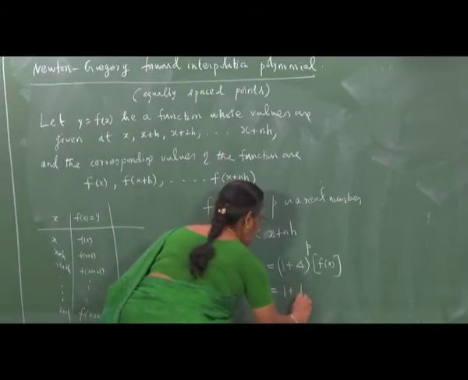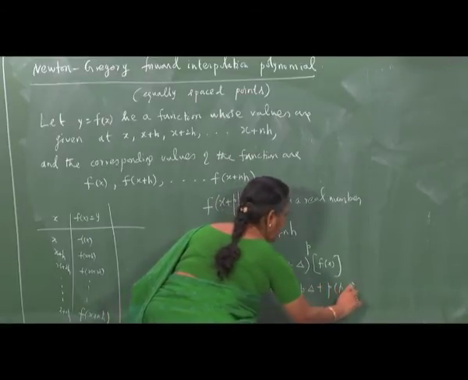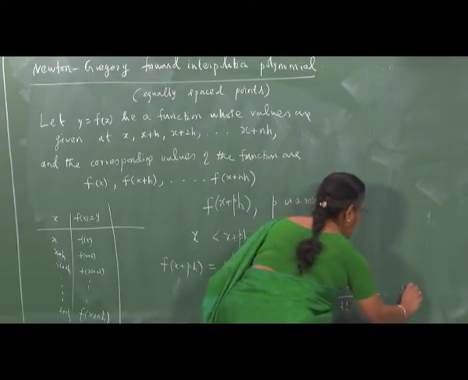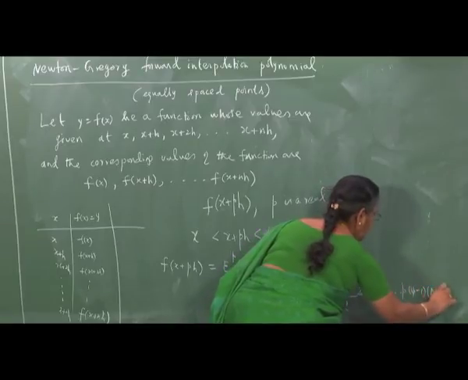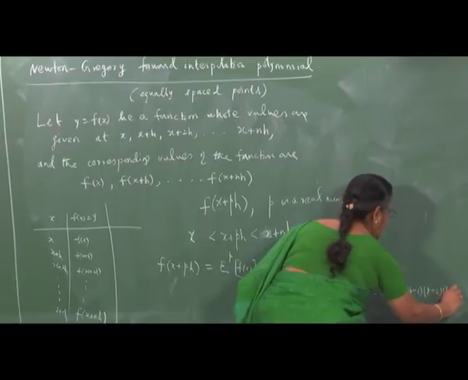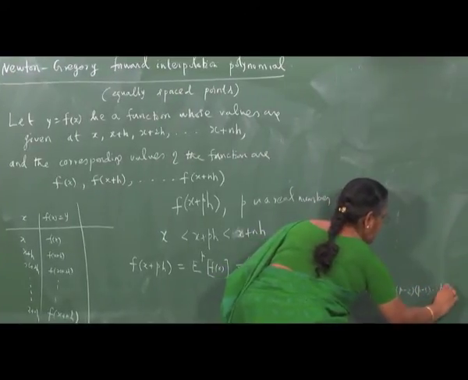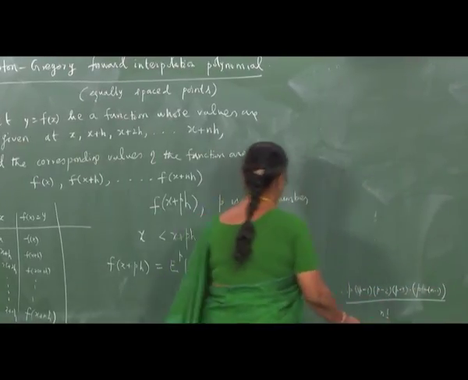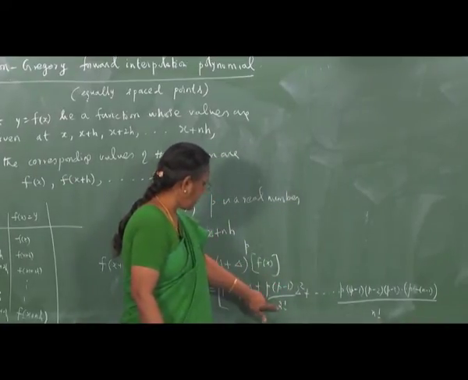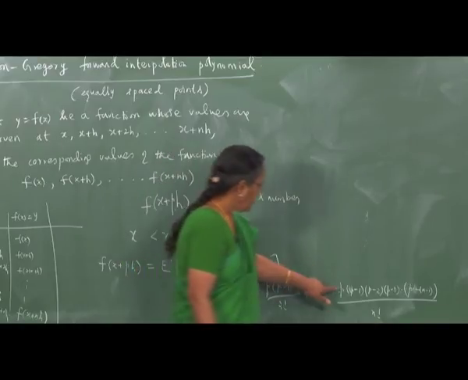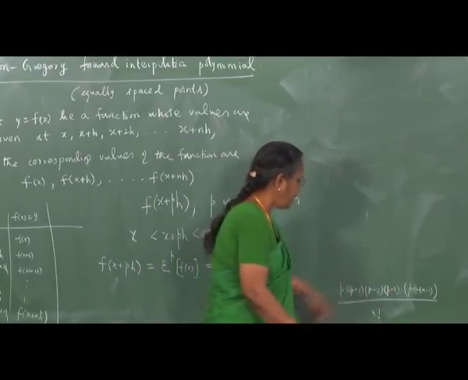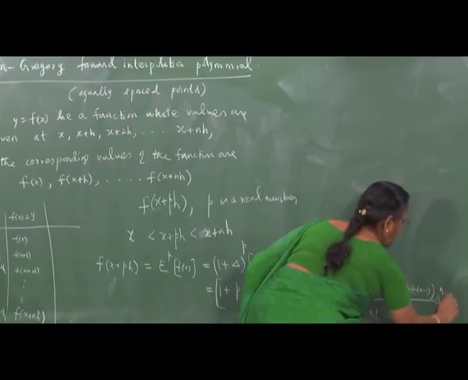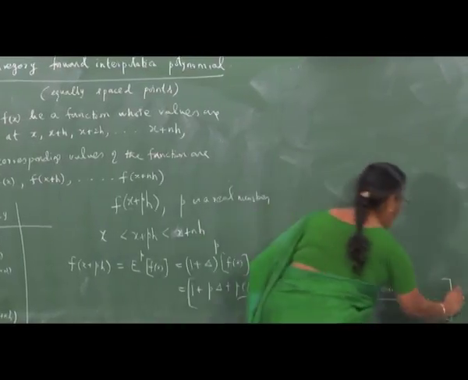So, it is 1 plus p into delta plus p into p minus 1 by factorial 2 into del square plus etc., p into p minus 1 into p minus 2 into p minus 3 etc. p minus n minus 1 by factorial n into del to the power of n, plus etc., operating on f of x.